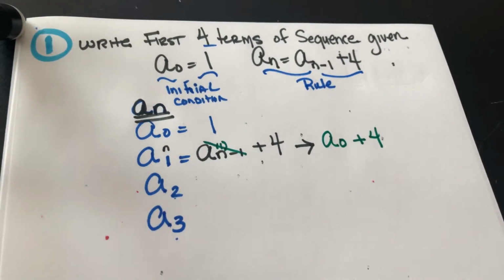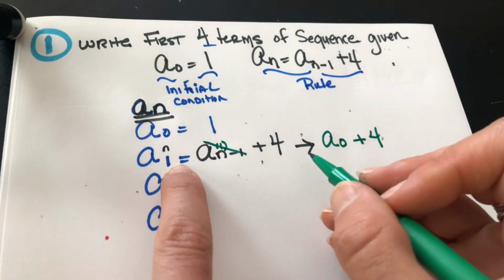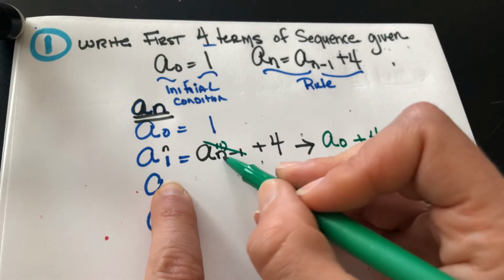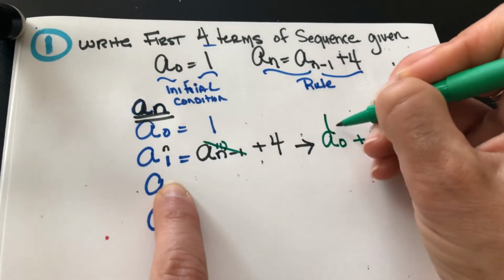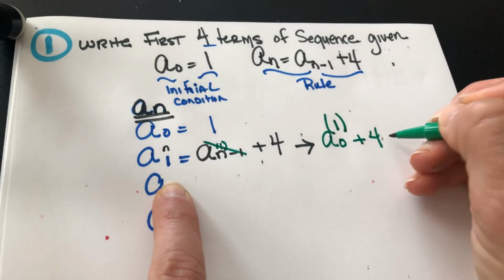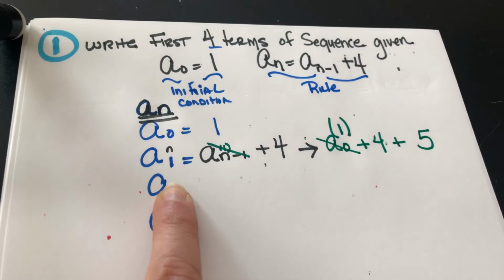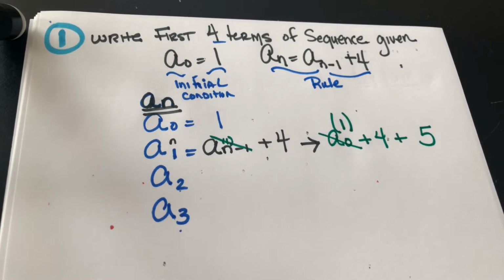All right, let's replace. Well, we know a of 0, which again is the term, since I said minus 1, right before this. So the term right before a of 1 is a of 0, which is 1. So you replace this with 1. 1 plus 4 is 5, and that's the answer. Stop for that question. Okay, let me explain again.